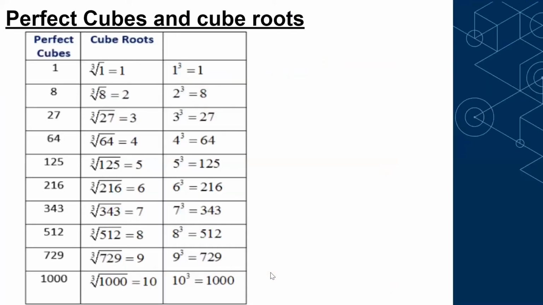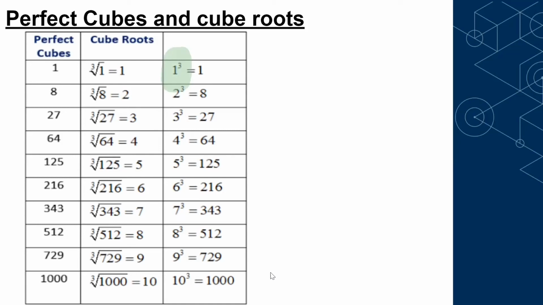In the following slide, I actually have a table for you guys, and it goes over the perfect cubes and the cube roots, because this is very essential for you to see that the expression is actually a perfect cube, or a sum or difference of perfect cubes. Whenever they give you expressions and ask you to factor them, they will never give you the perfect cubes in the cubic form with the third power.